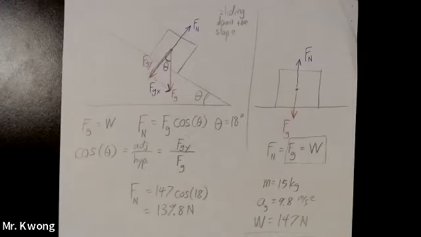Let's see. The coefficient of static friction, if you do tangent of 70 degrees, that does give you 2.7. It could be that the coefficient of friction there for your hand is really that high.